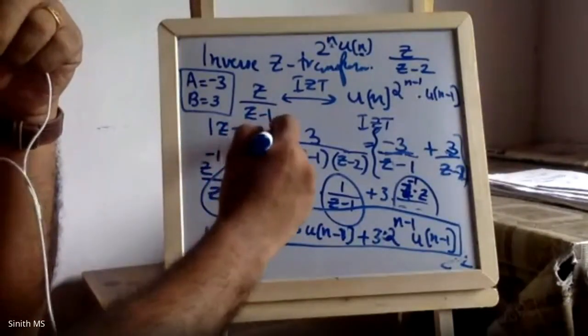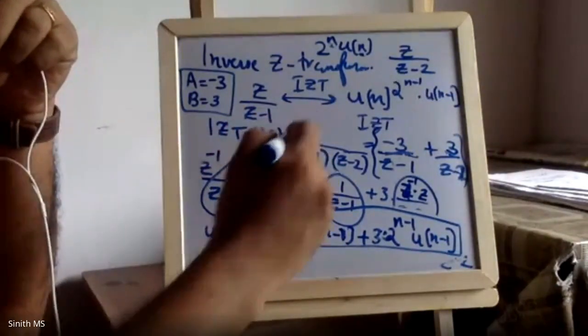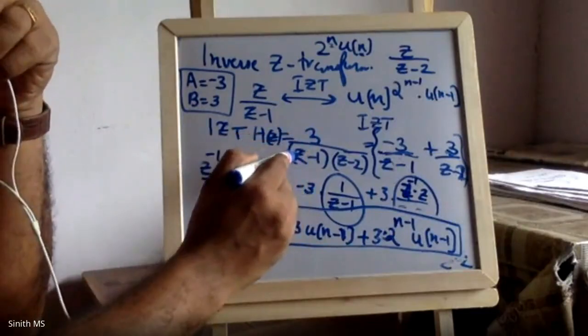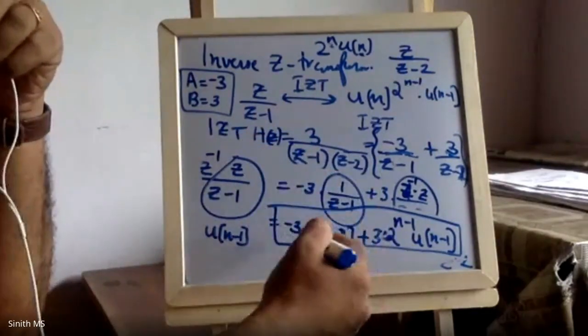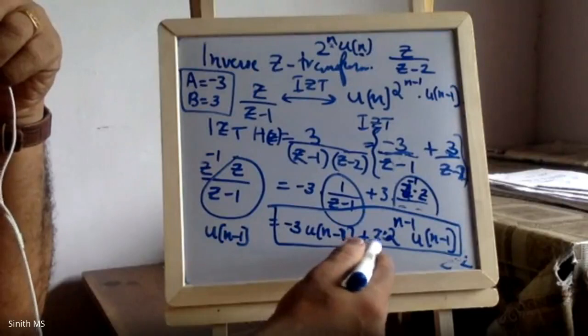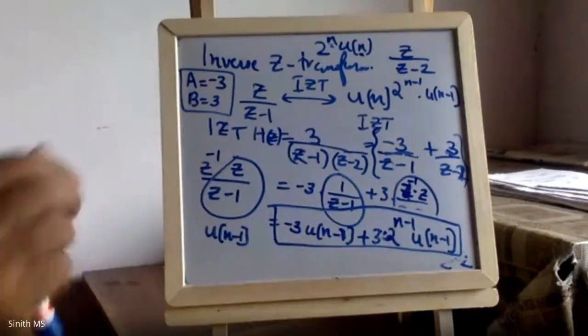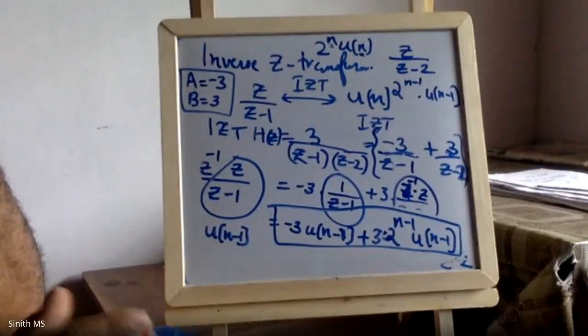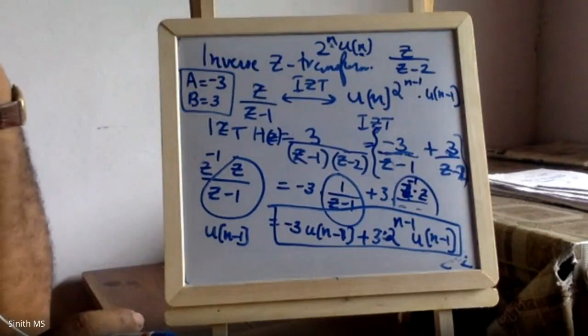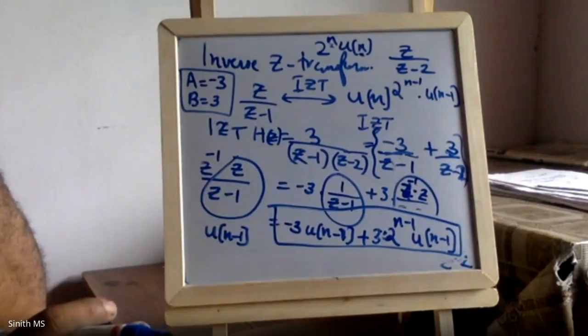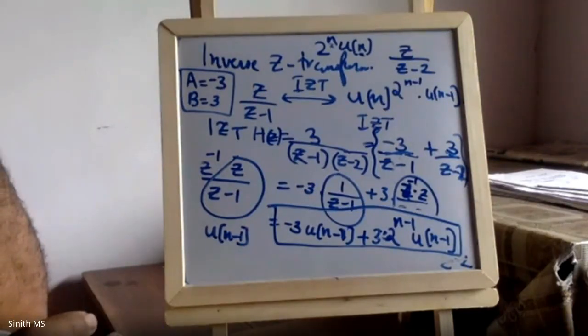This is normally represented as H(z), which is the transfer function in the discrete domain. So 3 by z minus 1 into z minus 2 has an inverse transform minus 3 u n minus 1 plus 3 into 2 raised to n minus 1 u n minus 1. So this is how you approach finding the inverse transform problems. Is that clear to you?